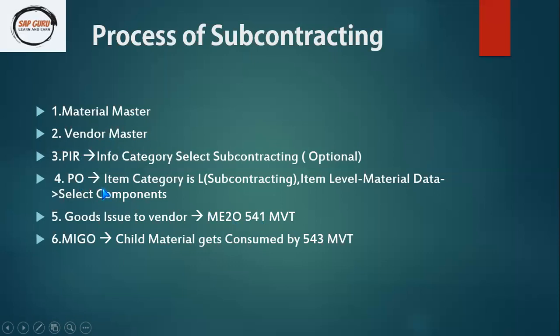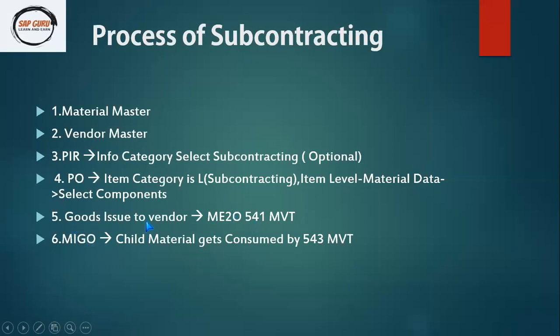You will be aware of all these transactions, but you might not know how to handle the goods issue to the vendor. So there is a transaction called ME2O. It's not ME20, it's 2O. And when you issue the goods to the vendor, a 541 movement type will be generated in the background.